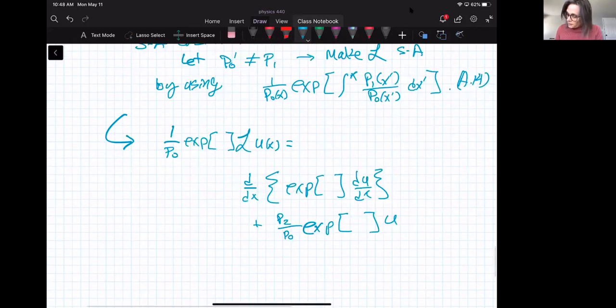And this is self-adjoint by comparing it to equation A13.